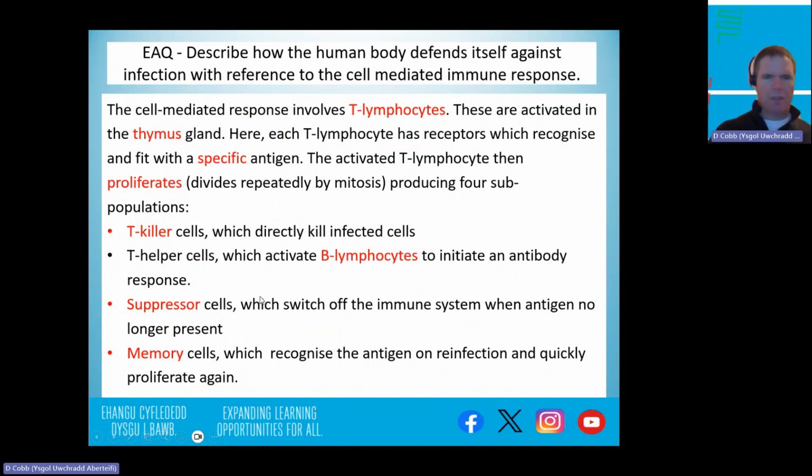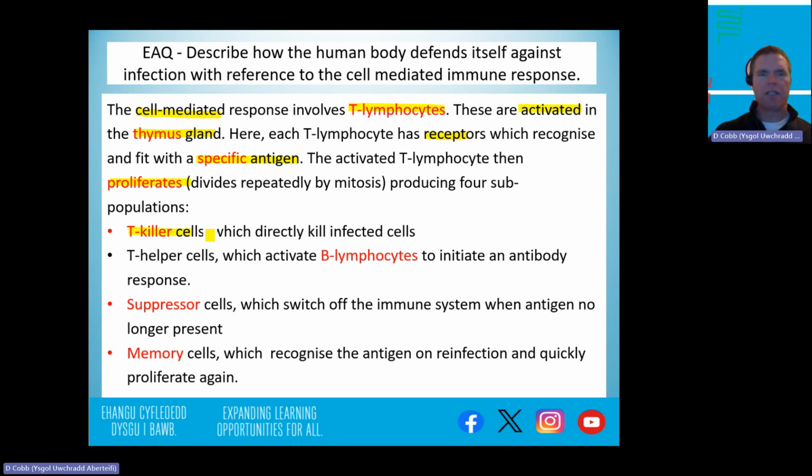If I can try and show you on here, what biological terms have we got? Cell mediated, T lymphocytes, the idea of them being activated, the location in the thymus gland, the idea they have receptors which recognize a specific antigen, and then the idea of proliferation into 4 populations.